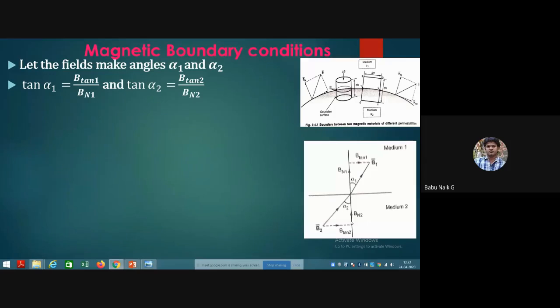Similarly on the boundary condition, Bn2 and the one parallel to this line, the final resultant is B2. Now similarly you can write the equation from these two graphs: tan alpha 1 is equal to opposite over base, which is B tangential 1 by Bn1. Similarly you can write tan alpha 2 equal to B tangential 2 by Bn2 for this one.